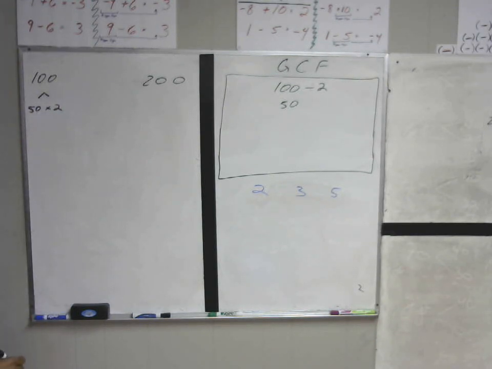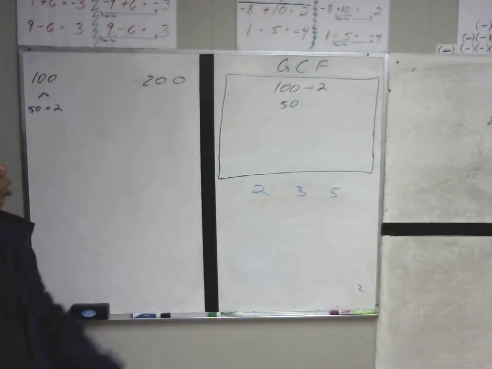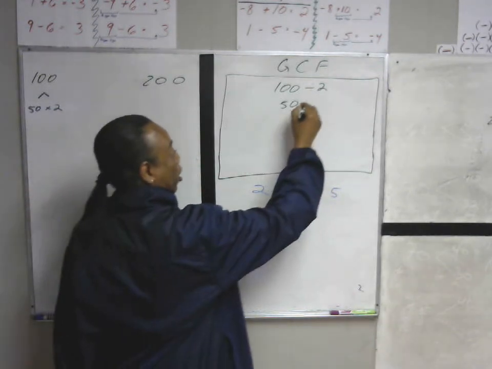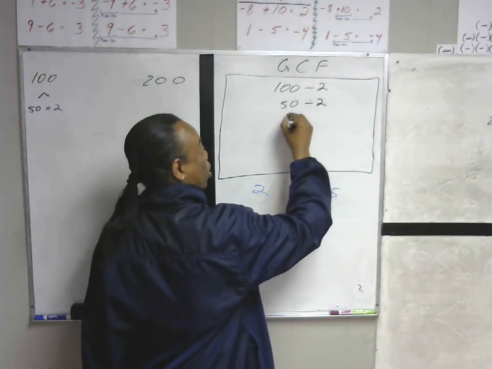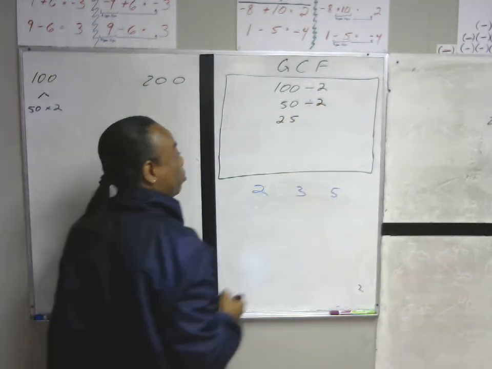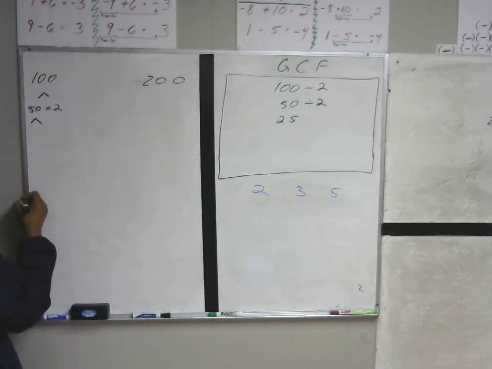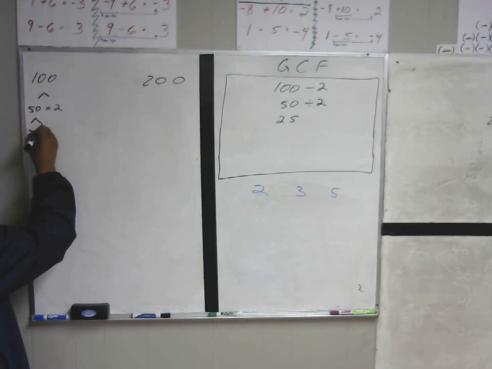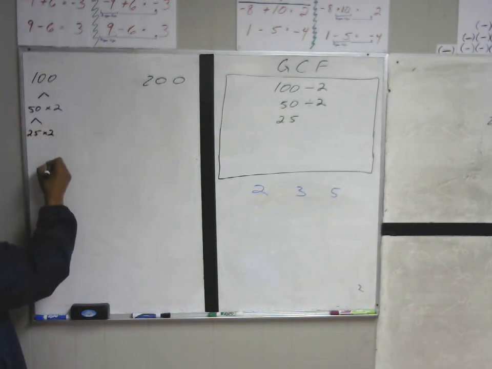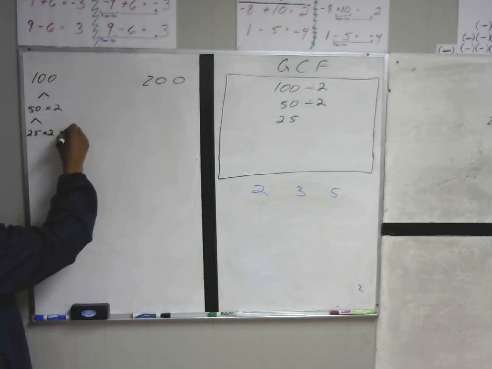50 can still be divided by 2. So we're going to take the answer 50 on the calculator, divide by 2, and we'll get 25. So 50 becomes 25 times 2, and we're going to bring down this 2.